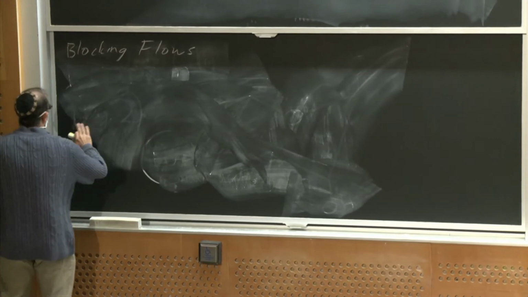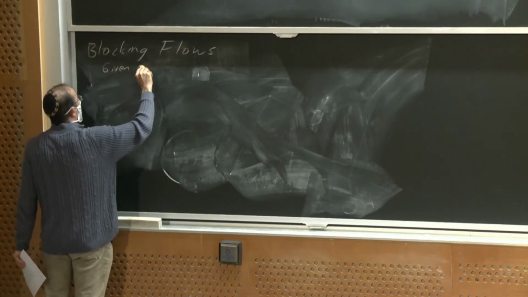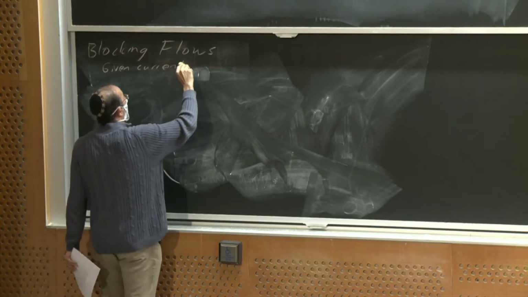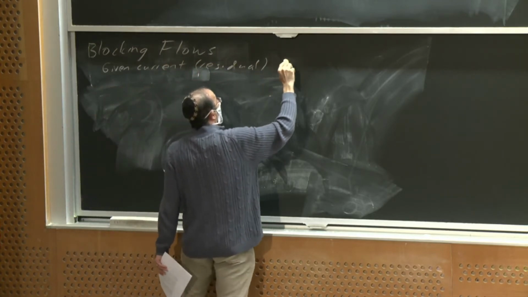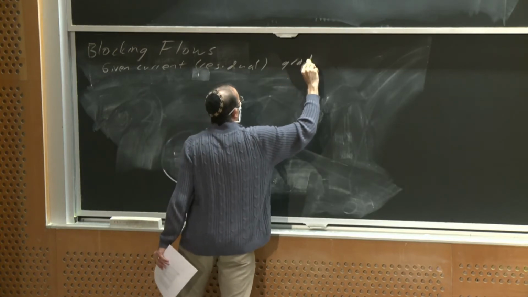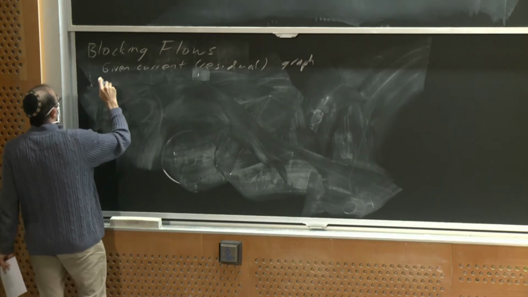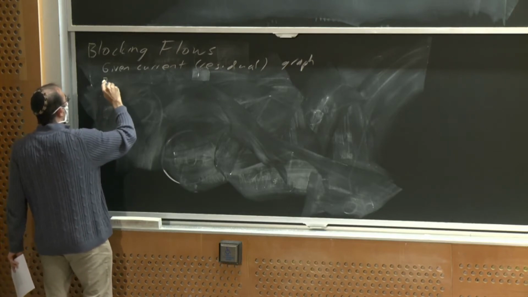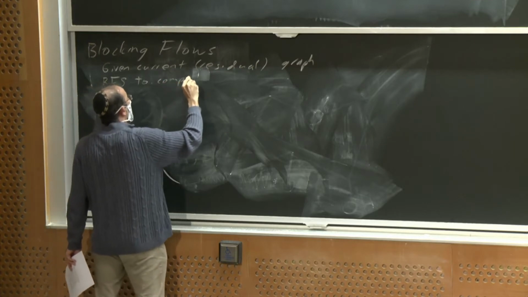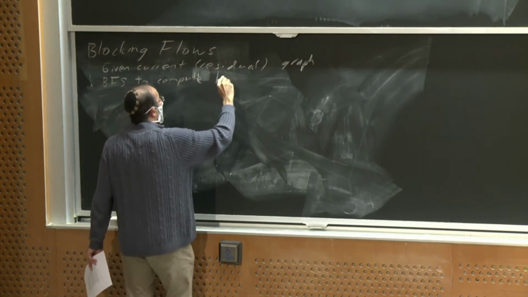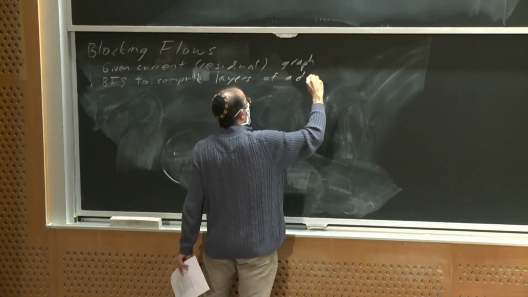And so what we do is, given the current graph, which after we do some flow computations will have some kind of residual graph, we use a BFS, breadth first search, to compute layers of this admissible graph.